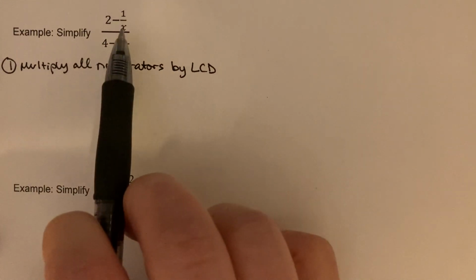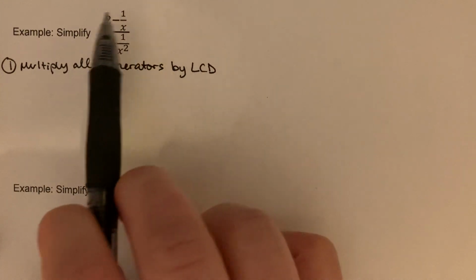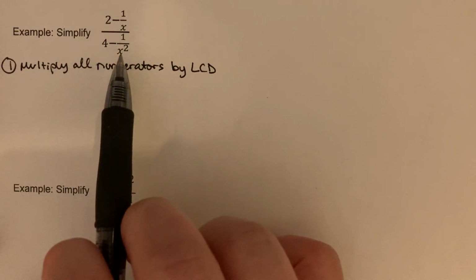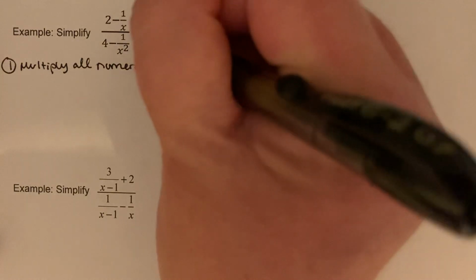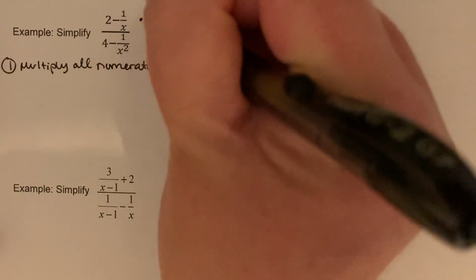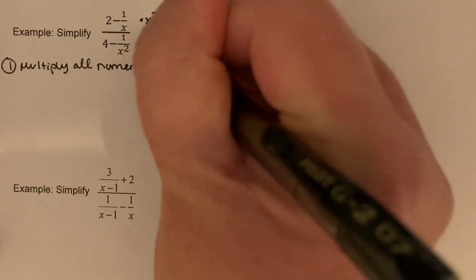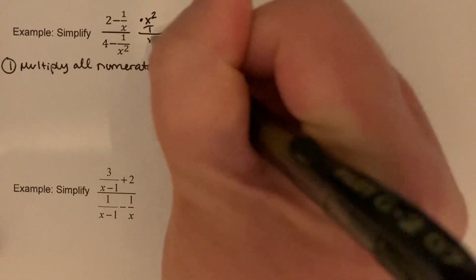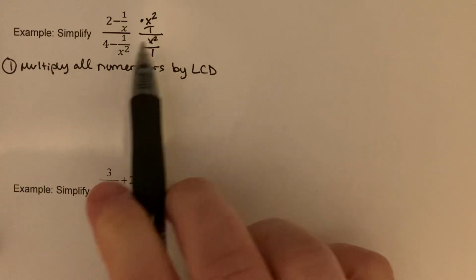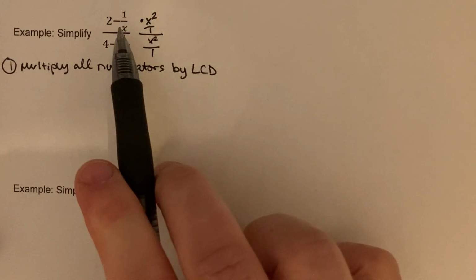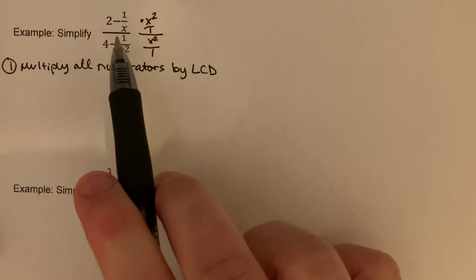So what that means is we look at all the bottoms of the fractions and we're figuring out what we can multiply by to get them both to cancel. And if I multiply by x squared, and I'm gonna maybe write it even x squared over 1, just to have that idea that I'm multiplying the tops, well then the x squareds will definitely cancel, and x squared divided by x is also gonna cancel.